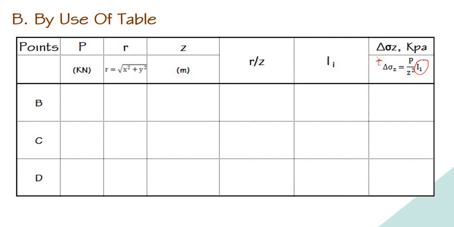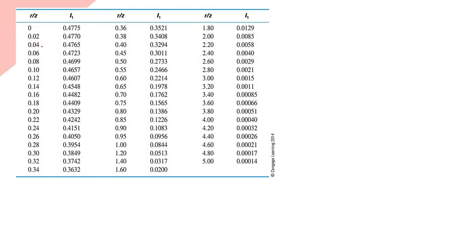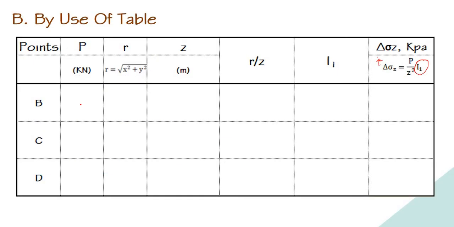Since we are using the table, we need to get the ratio of R and Z. Again, our load at point B was 100, at point C is 200, and at point D is 400. The value of R at point B is the square root of x squared plus y squared, so this is simply 6 squared plus 0 squared, which is 6.